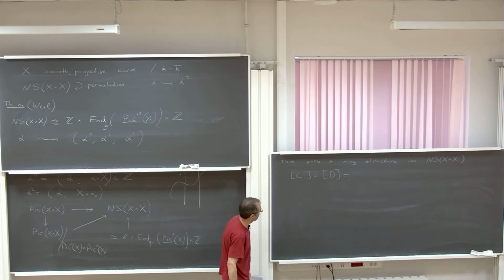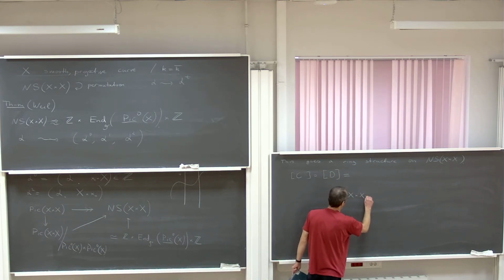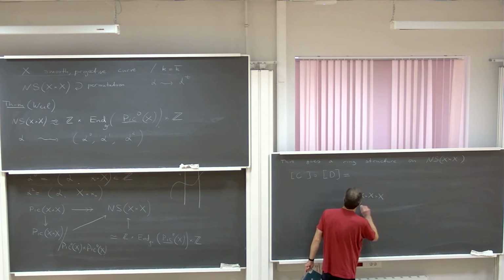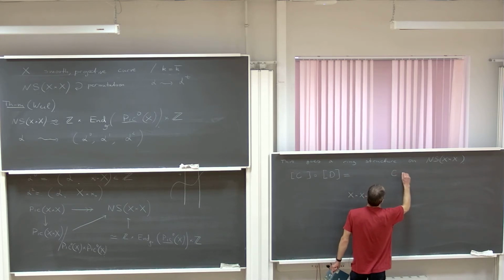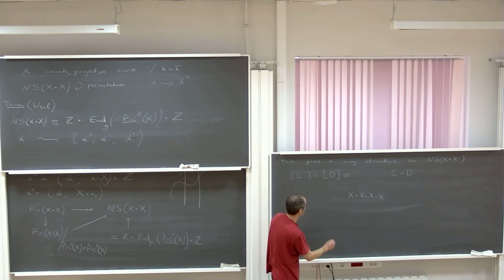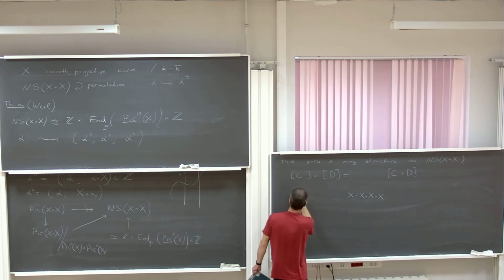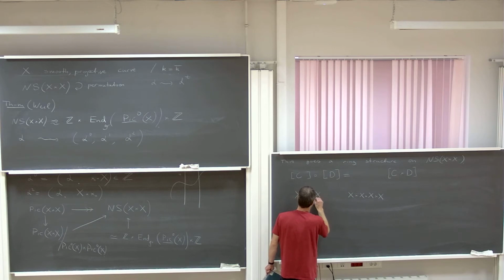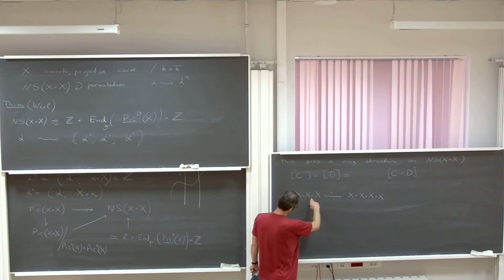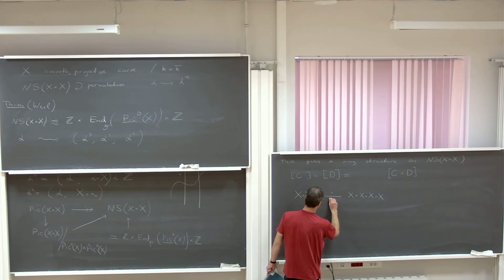So what is it? You look at the following diagram here. X goes to 4 copies of X. You can take C times D and think of this as a divisor here. Then I want to restrict it to the partial diagonal. This is a partial diagonal, given by the equation that these two coordinates are the same.